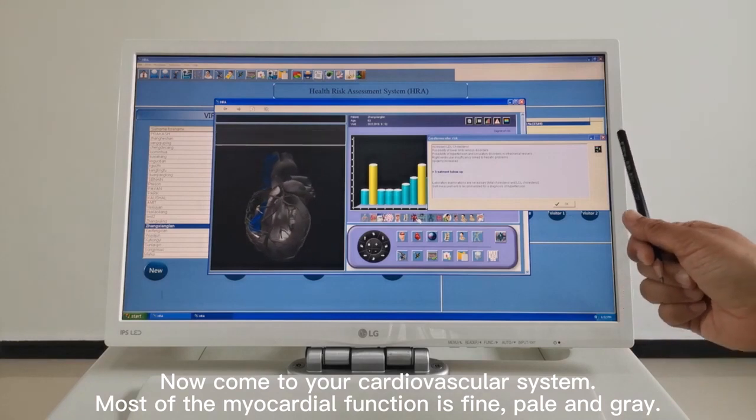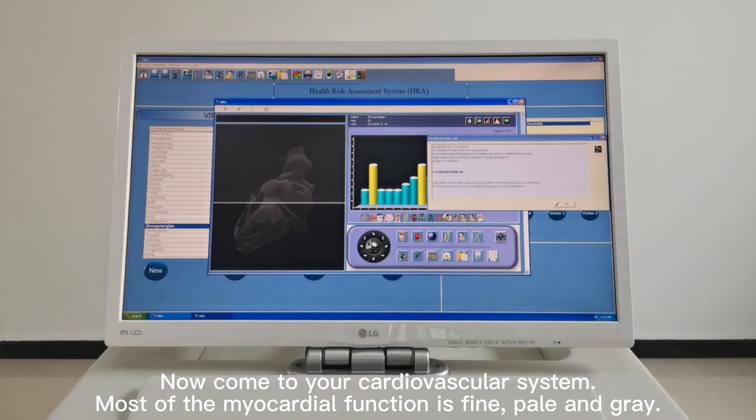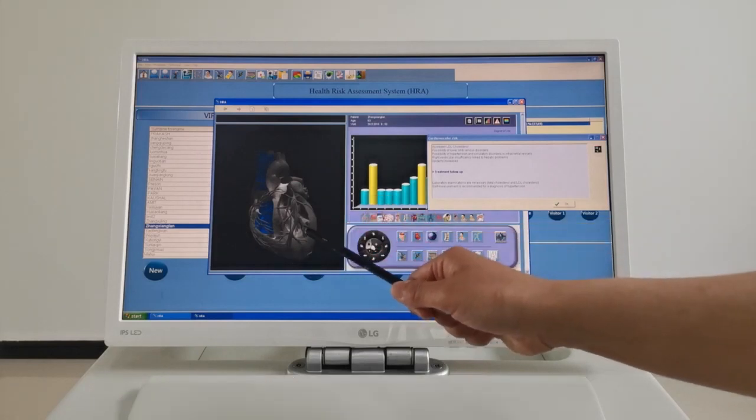Now come to your cardiovascular system. Most of the myocardial function is fine, pale and gray.